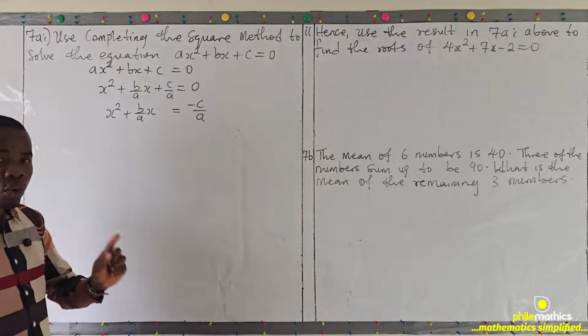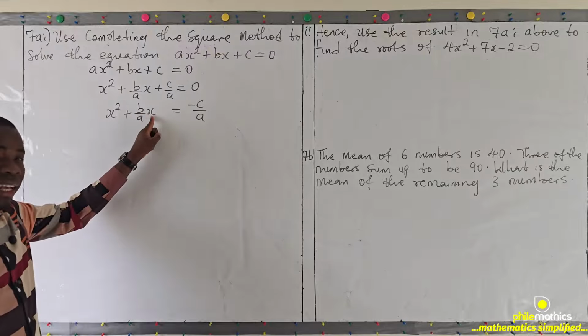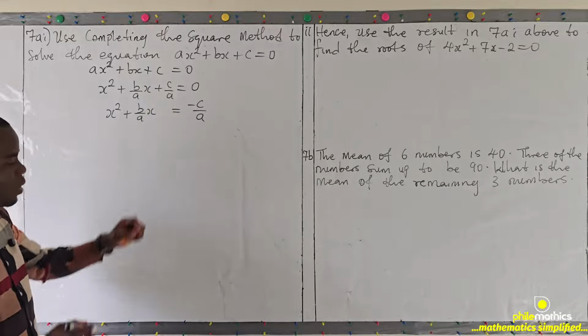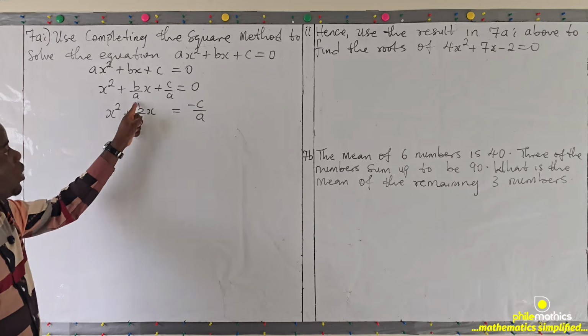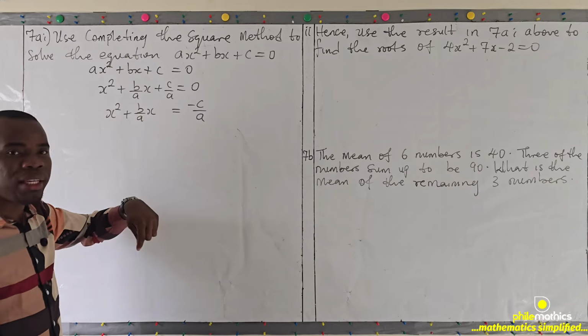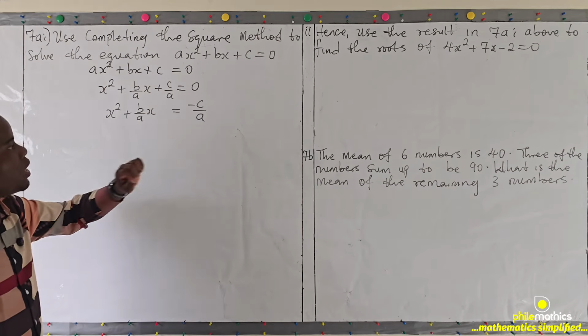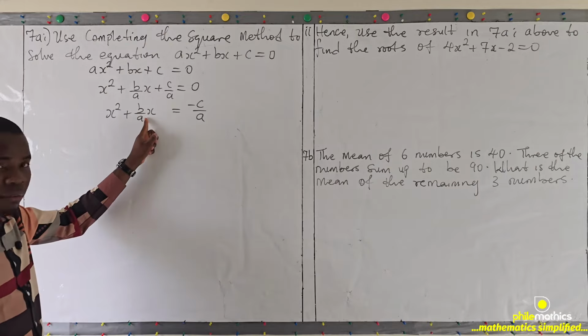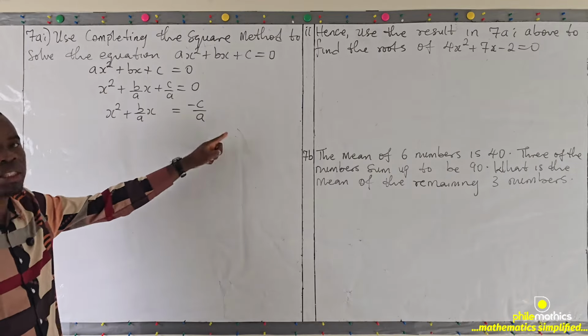Now, the next thing is crucial. It is to look for the coefficient of x, which is b over a, take half of it, which is b over 2a, and square it, and then add it to both sides. So in essence, you are adding the square of half the coefficient of x to both sides.